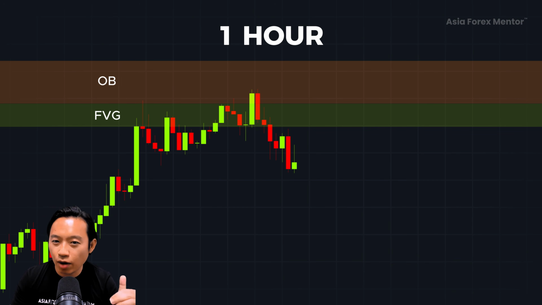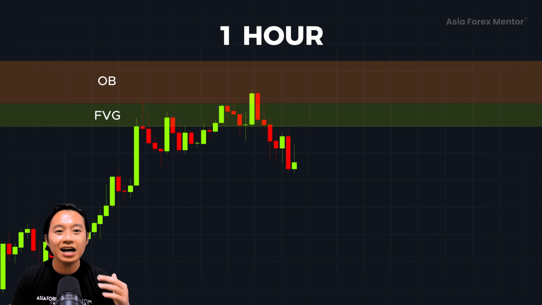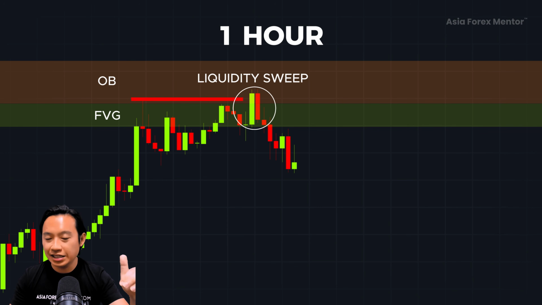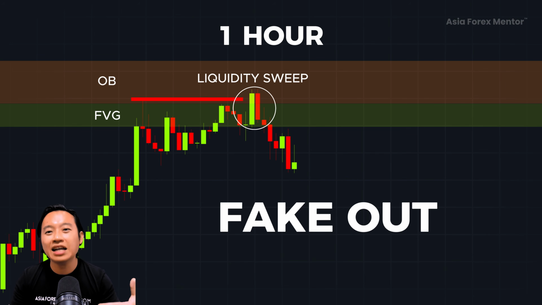So this signal helps to confirm the reversal and align with the overall market trend. So now we have a liquidity sweep above these equal highs, which serves as an early reversal signal. So this indicates that the line break was merely a fake out and then a liquidity run above these equal highs.